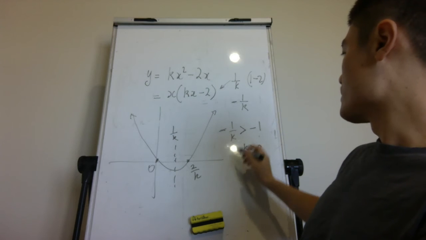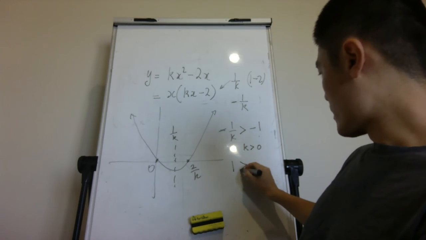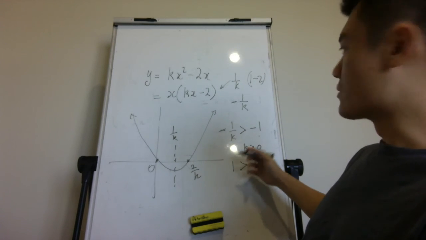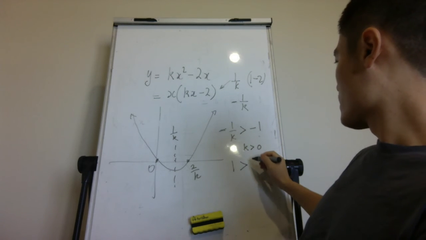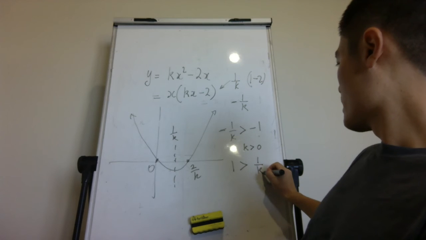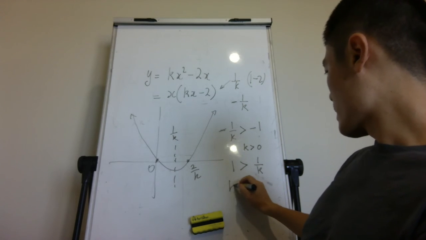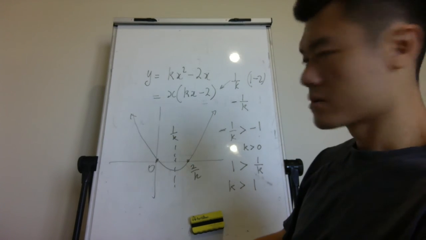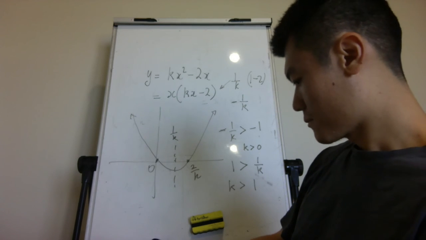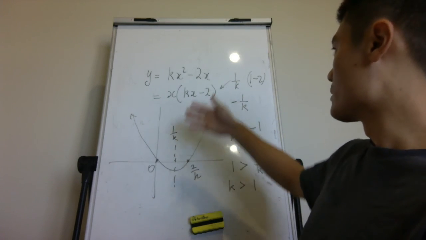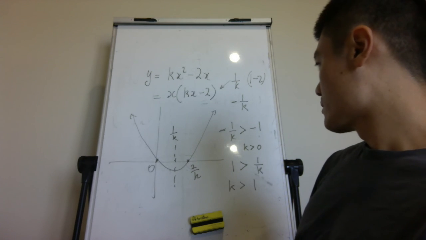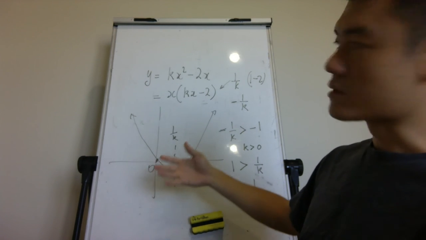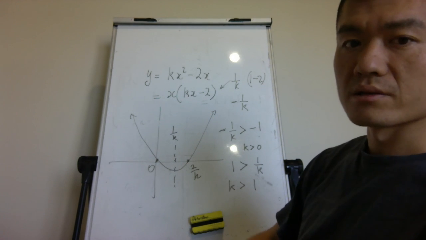It basically happens when 1 is greater than 1 over k, and then k is greater than 1. Okay? So that would probably be the streamlined version of it, but you see the idea can come from specializing k and drawing some pictures.